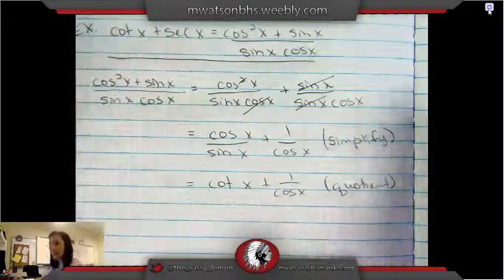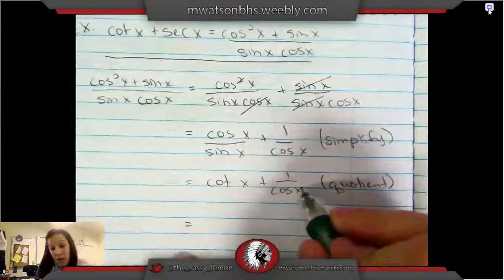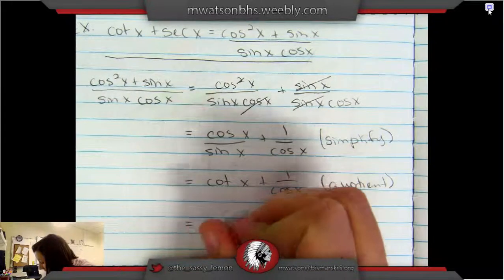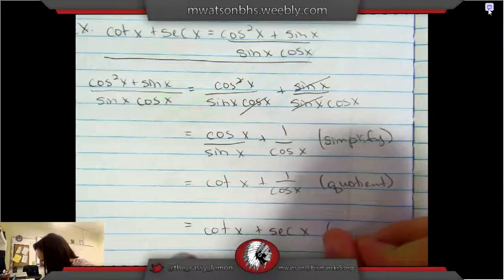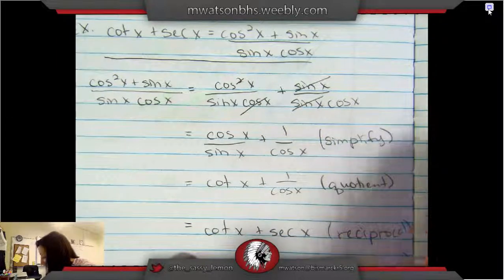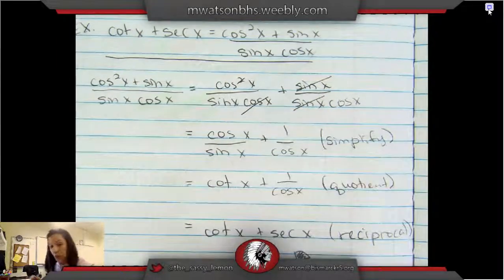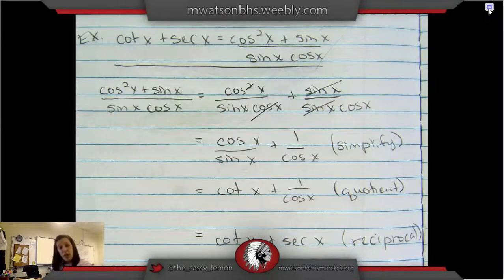How convenient that there's a reciprocal identity which tells us that this is equal to secant. So now we've got cotangent of x plus secant of x, and that's because of the reciprocal identity, and to end our proof, little box filled in. And voila, we're done.